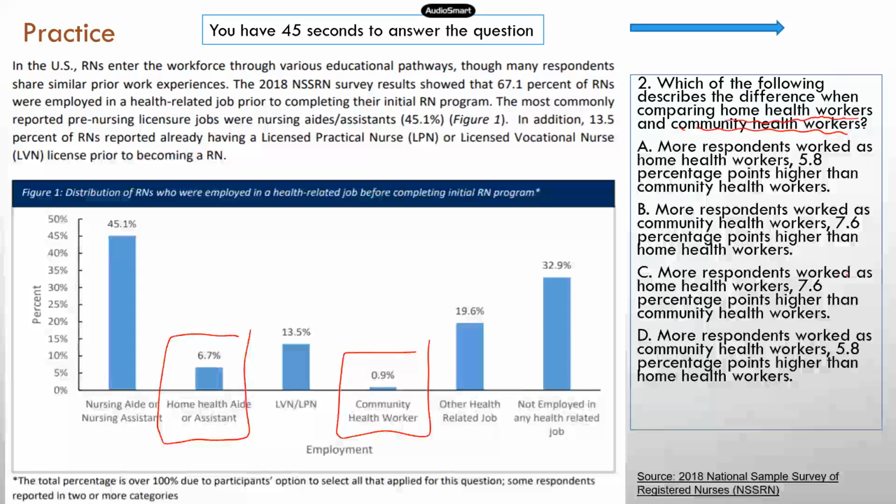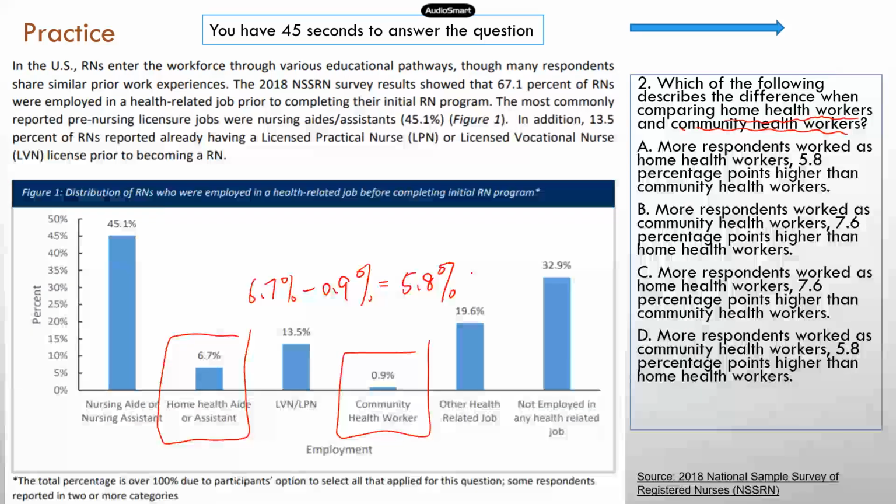Right? So first, decide which category has a higher number, and that's going to be home health care, right? 6.7%, and it's much lower for community health category. So the difference is 6.7 minus 0.9, and that's going to be 5.8%. Home health care is higher.